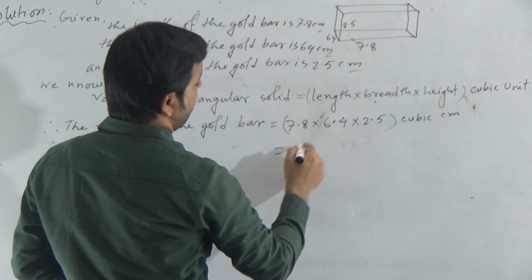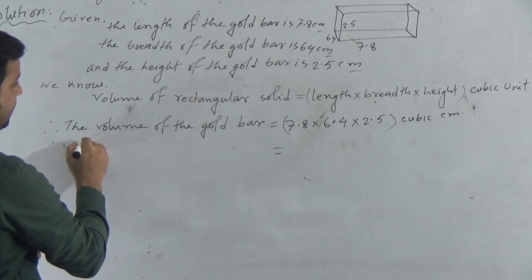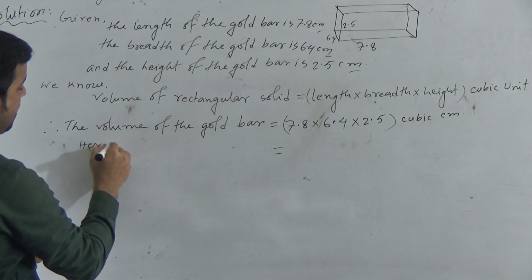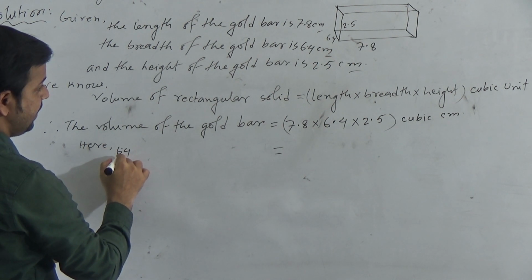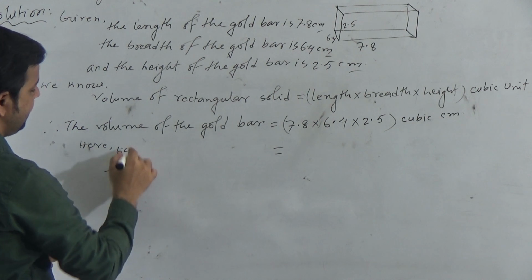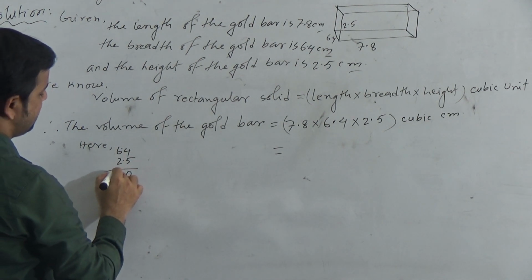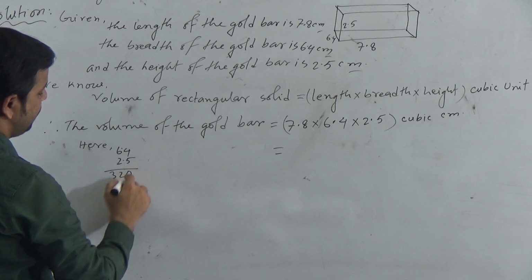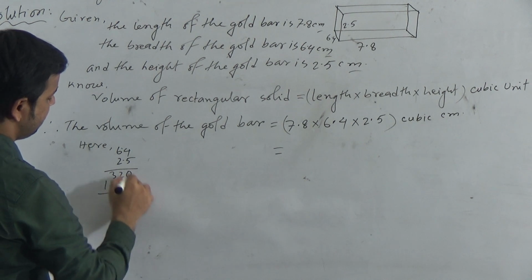Now multiply this, you can show the multiplication here. 6.4 multiply by 2.5, 5 4s are 20, 6 5s are 30 and 2 is 32. Now 4 2s are 8, 6 2s are 12.